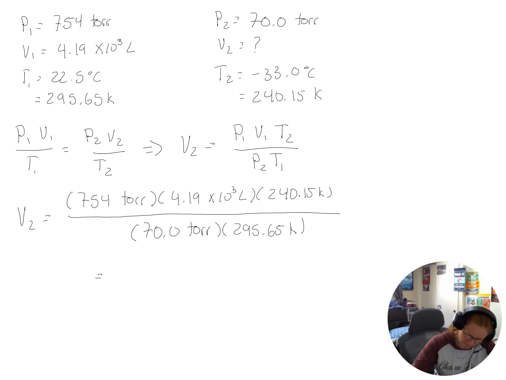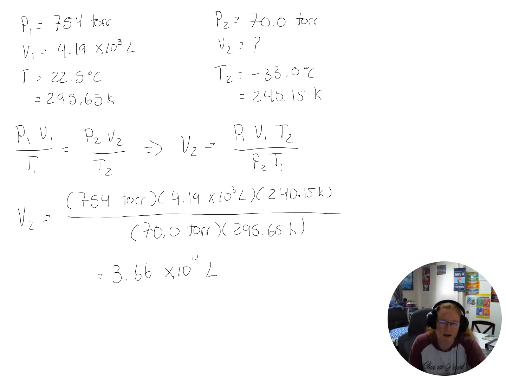And we're going to get 3.66 times 10 to the fourth liters. So we have to make sure that our balloon is rated to contain that volume of air. All right, so those are our individual gas laws.